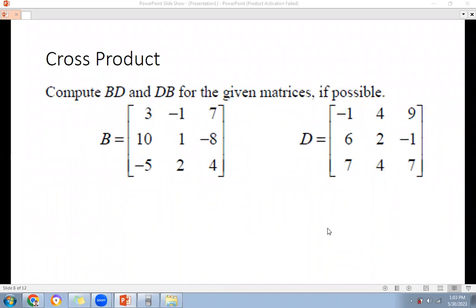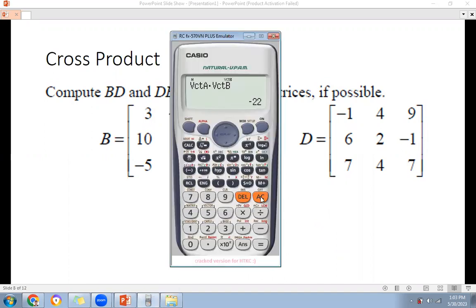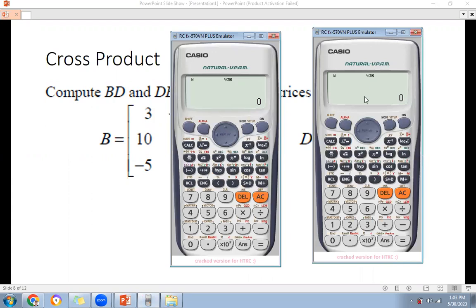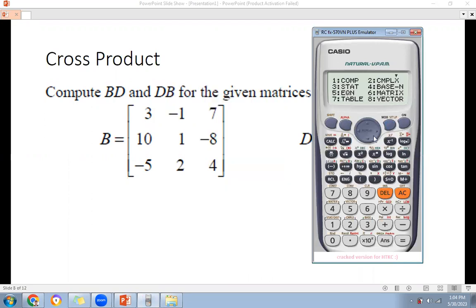Okay, next we proceed with the matrix multiplication, or what we call the cross product. First, we define the matrices. We go to matrix. Let's say matrix A is B and matrix B is D. In this case, matrix A is a 3 by 3.